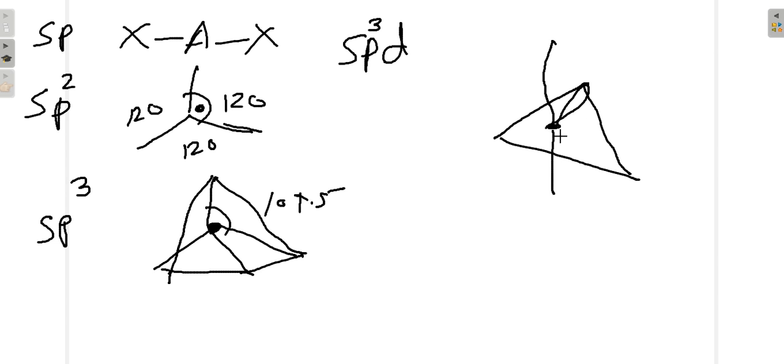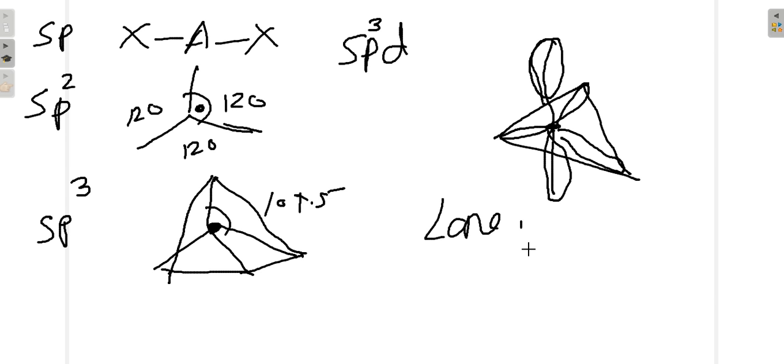These 3 will be in the same plane, 1 will be in the plane above and 1 will be in the plane below. If a lone pair comes, the lone pair will always go in the triangle. Please remember, sp3d, if at all there is a lone pair, it goes into the triangle.